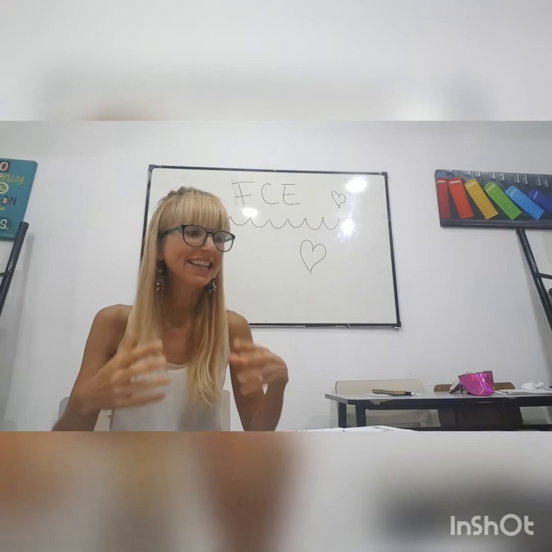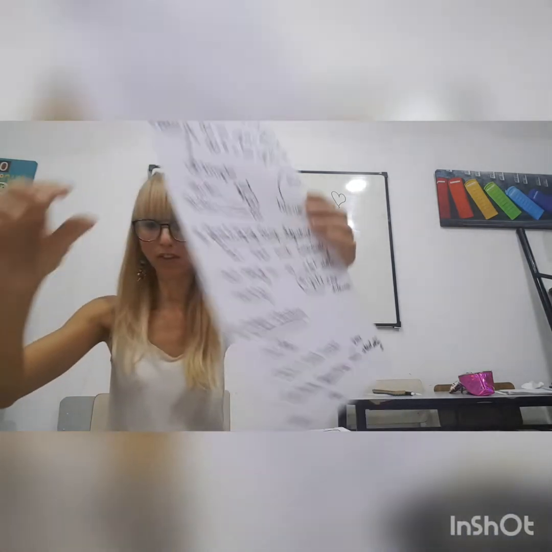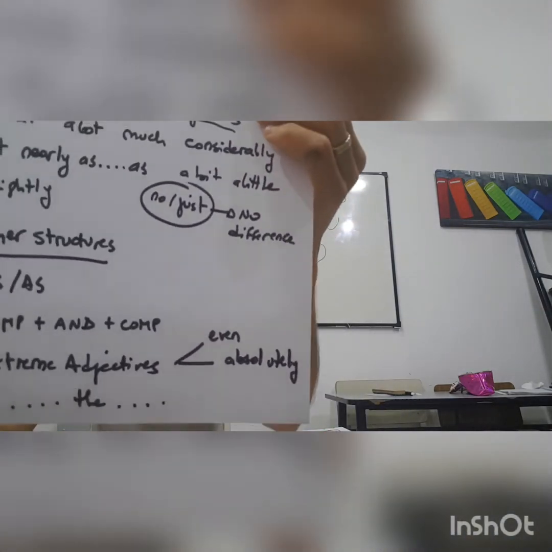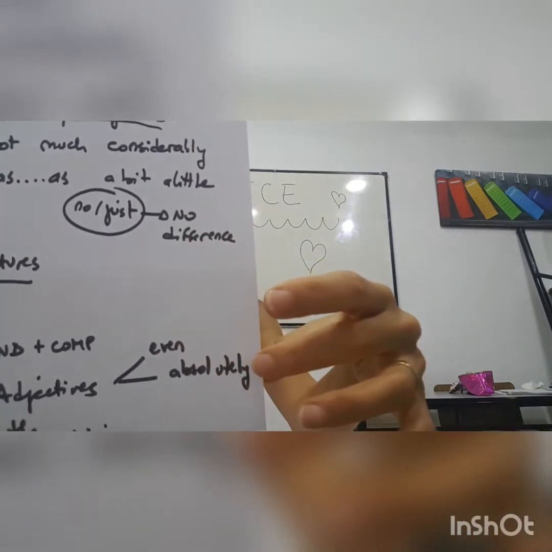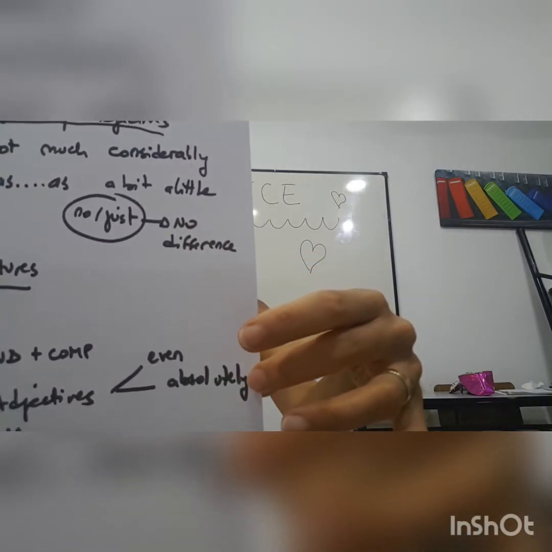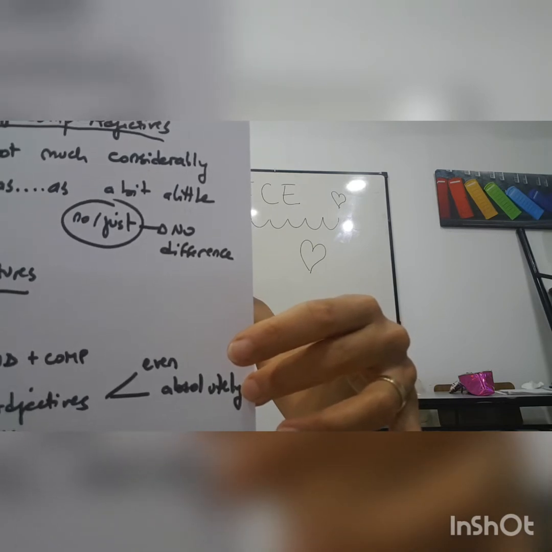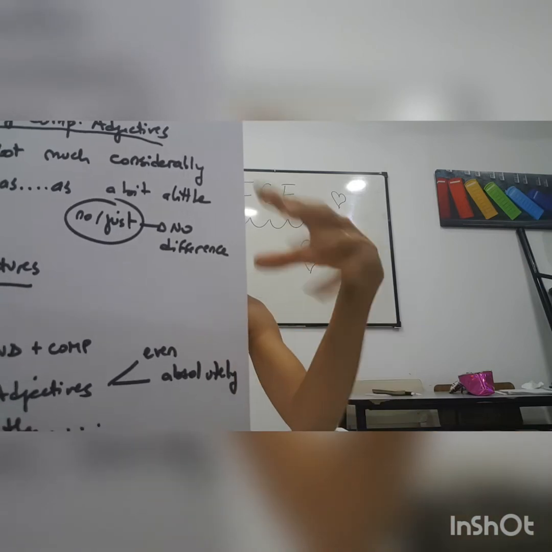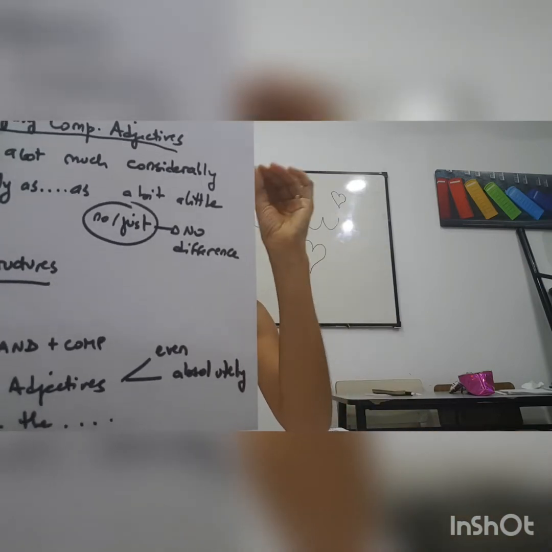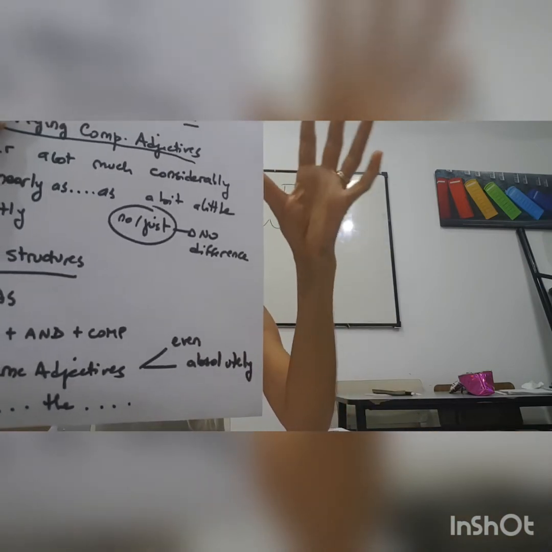And then there are some other adjectives. Here I wrote even and absolutely. Even is the case I told you. I start again. Extreme adjectives. There are some adjectives called extreme.